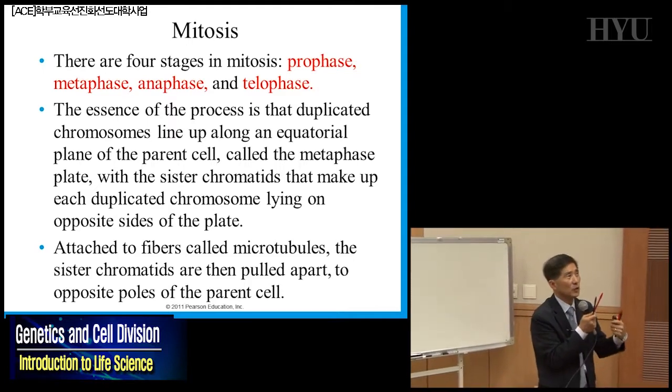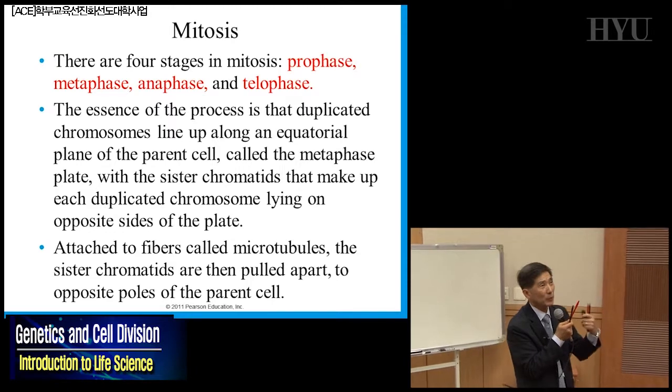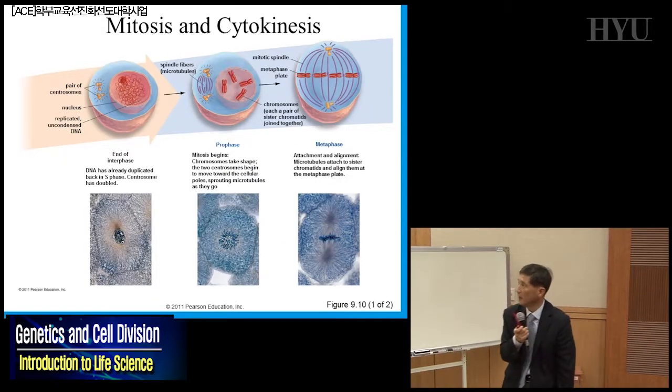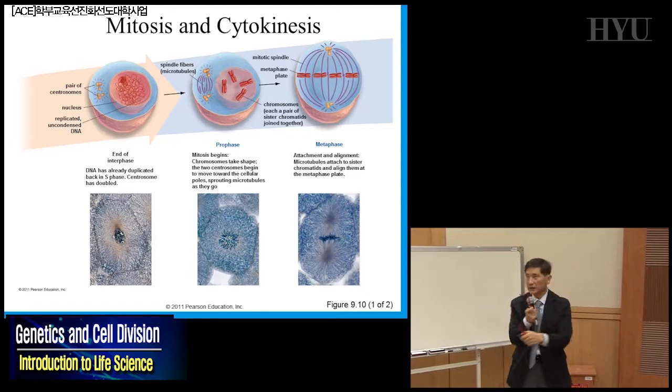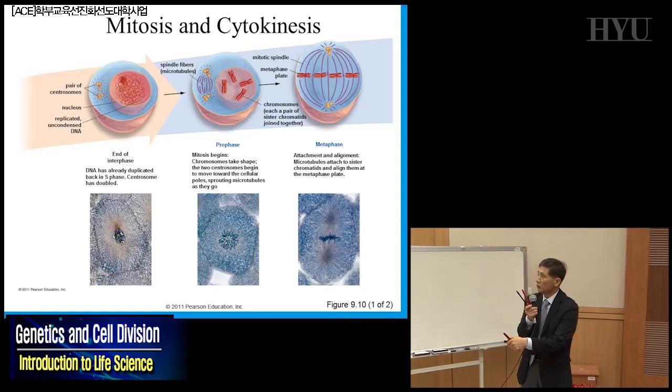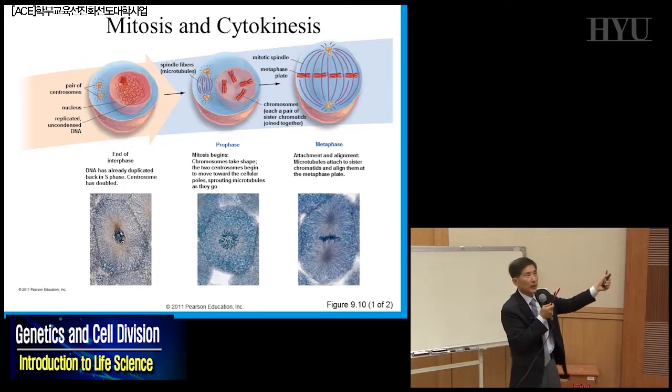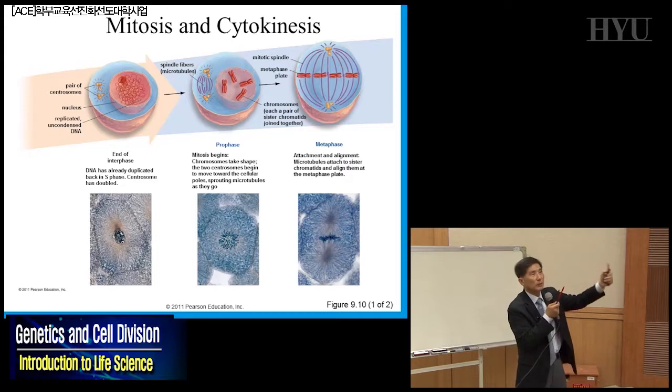So now you have to see what's happening on each phase. Okay, so prophase. Now you start to see chromosomes. Before that it's like spaghetti. They've already been replicated, already duplicated.